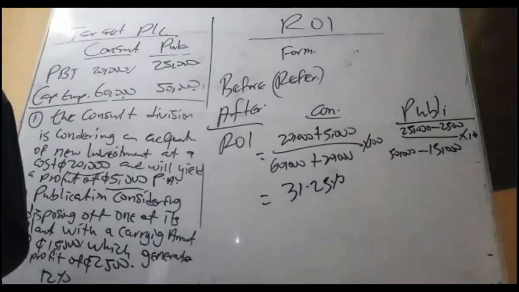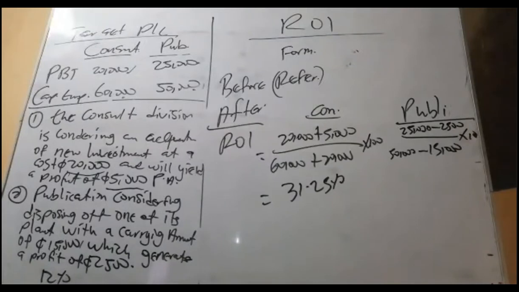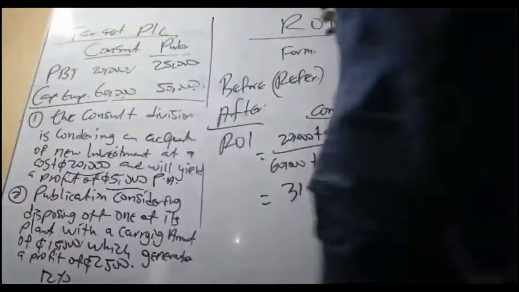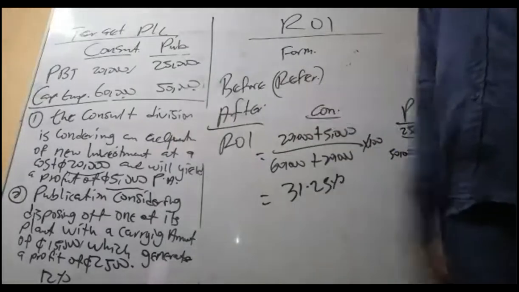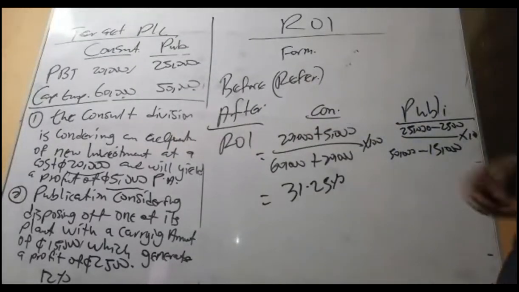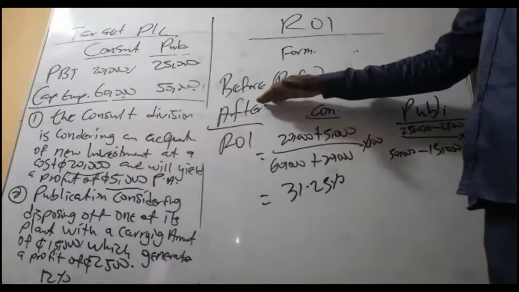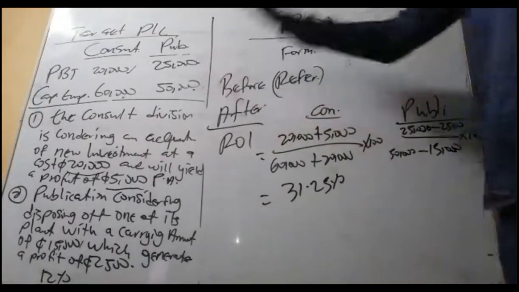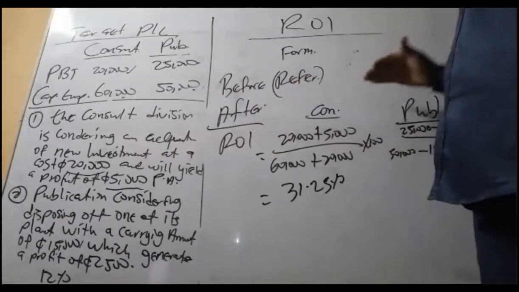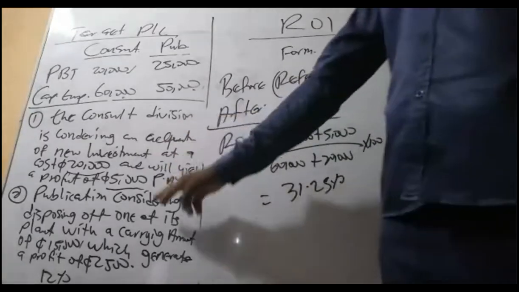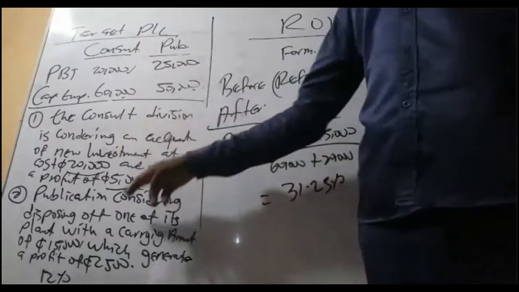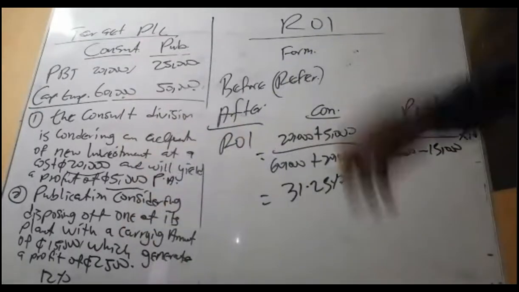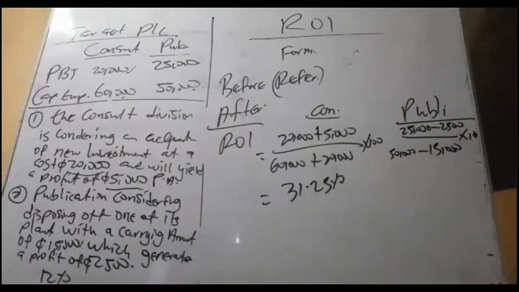Okay, with the requirement, you are calculating the return on investment before and after the investment. The before is the same as what we've calculated previously, so we are looking at the after. After the consulting company buys the asset and the publication also disposes of the asset, what will be the return on investment and the residual income?